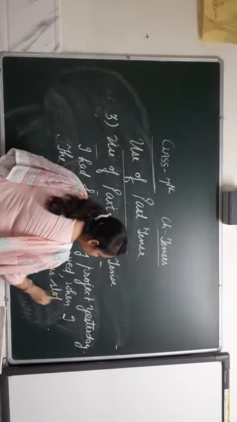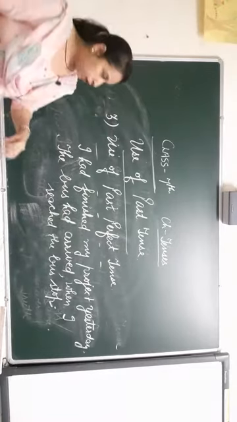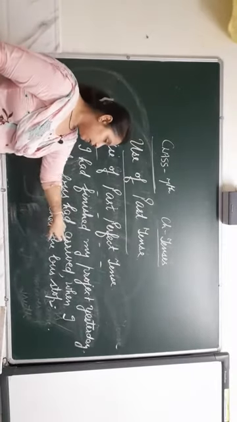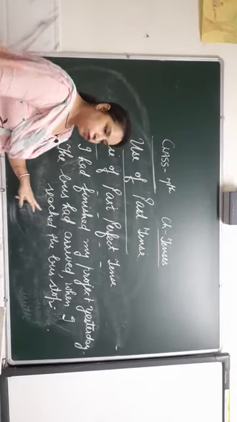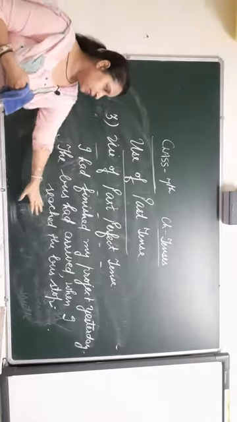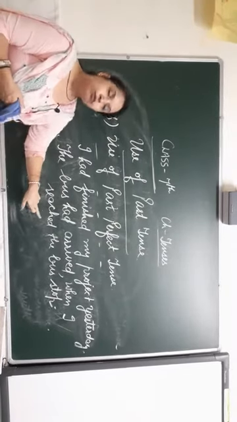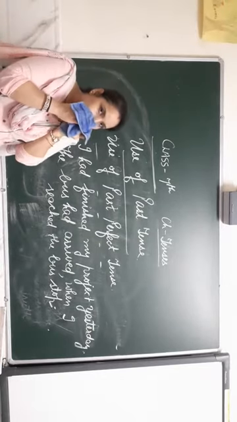So like this also you will use the perfect tense. With perfect tense, when two sentences are there, the other one you have to use in the simple past tense. This is also the rule you have to keep in your mind.